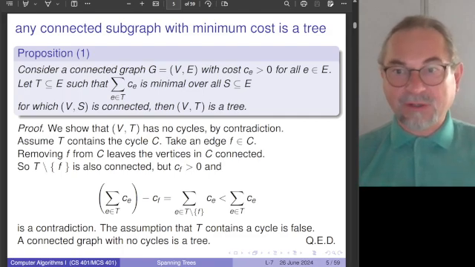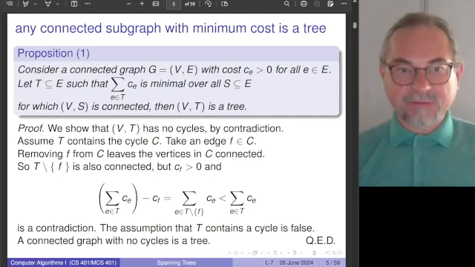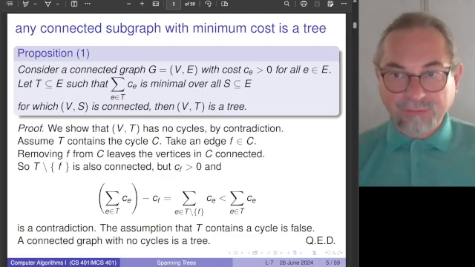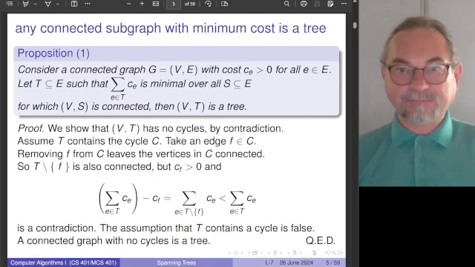So therefore, the assumption that our T had a cycle is false. So the T defines a graph that is connected without cycles, and therefore it is a tree.